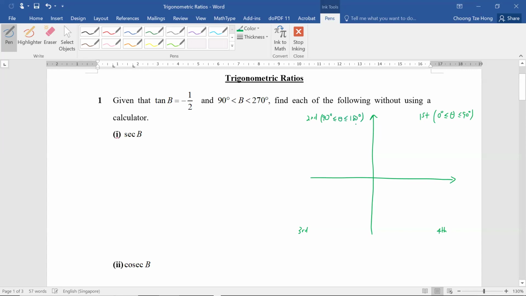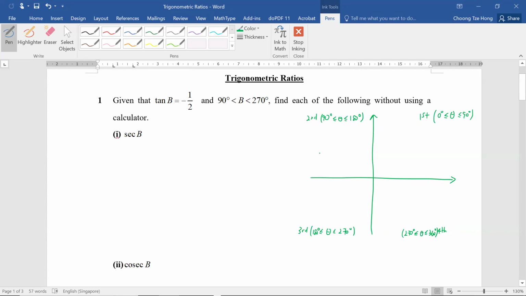In the third quadrant, the angle will be between 180 degrees to 270 degrees. And finally, in the fourth quadrant, the angle will be between 270 to 360 degrees. So these are the four quadrants.